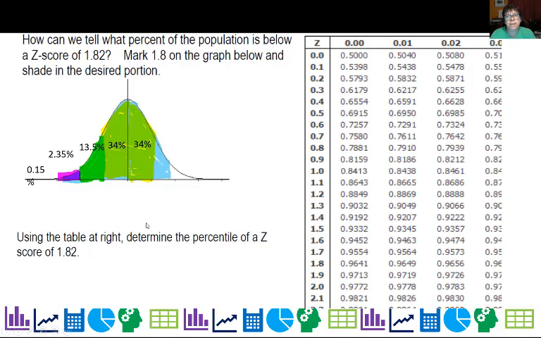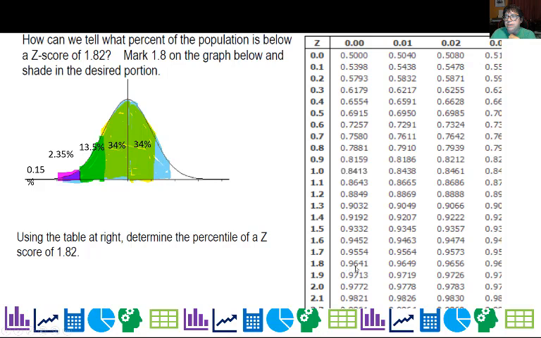Now we're going to use the table at right to get a much more exact value. So what we do, this table shows z-scores, and there are 2 sides typically to the table. You'll have negative z-scores when it's below the mean, and positive z-scores when it's above the mean. And if I want a z-score of 1.82, I go down this column until I get to the row with 1.8.